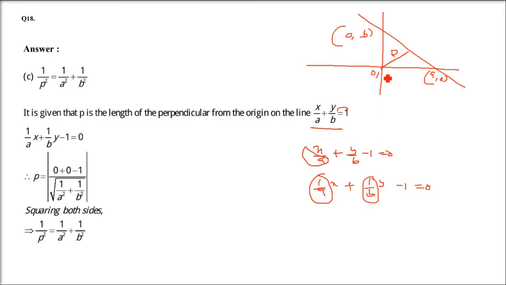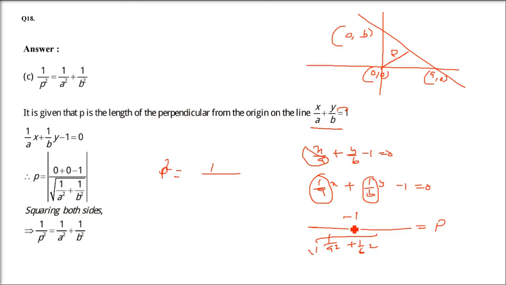Now we have to find the perpendicular distance from (0, 0). So x and y will become 0, because we know the formula |ax1 plus by1 plus c| by under root a square plus b square. So the x and y terms will go, and in the denominator you have root of 1 by a square plus 1 by b square. So make it p square.